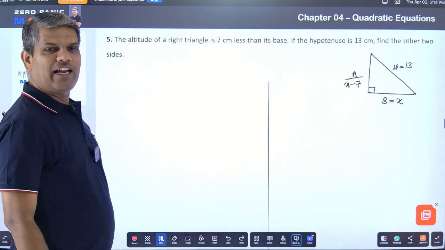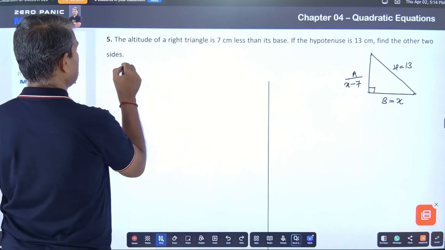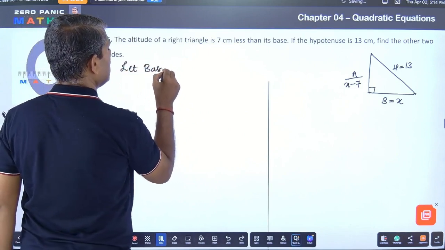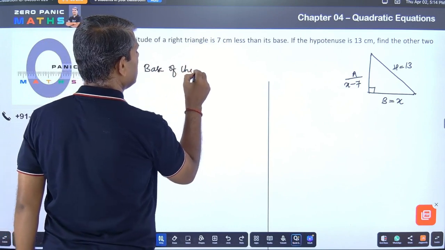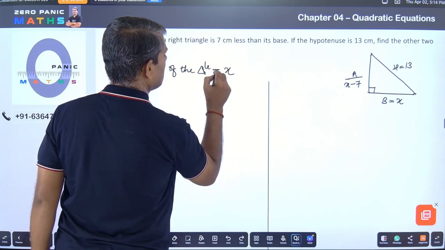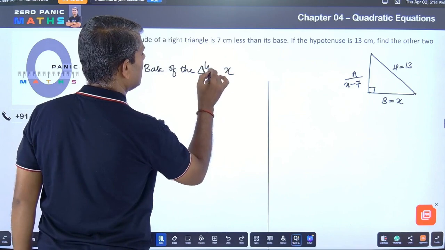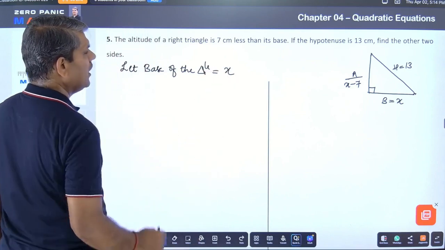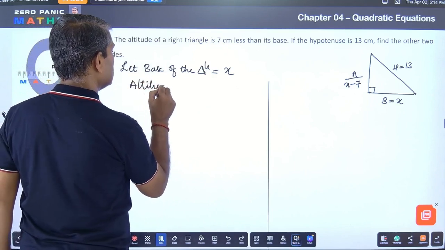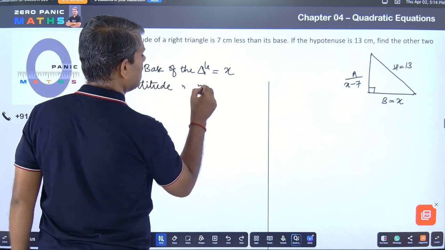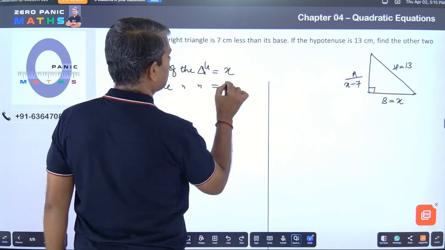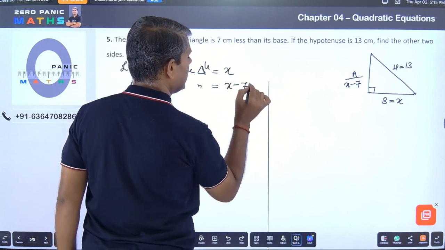Let me write that first here. Let base of the triangle is equal to x. And altitude, as they have already given, altitude of the triangle is equal to 7 less than its base, so x minus 7.